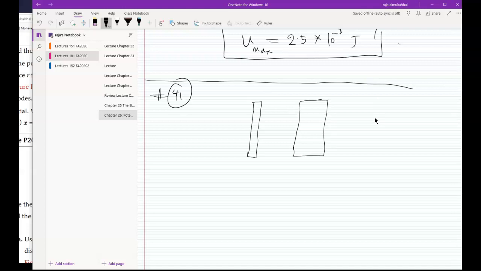These are negative, this is positive, negative as well. This is positive, like that. This is 100 nanocoulomb, negative 50 nanocoulomb, negative 50 nanocoulomb. And then we have the x-axis like that.